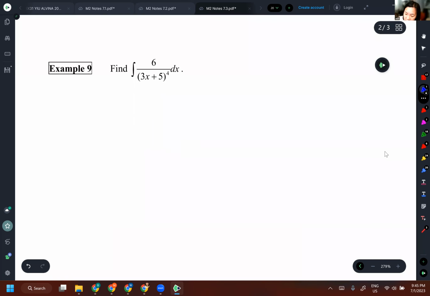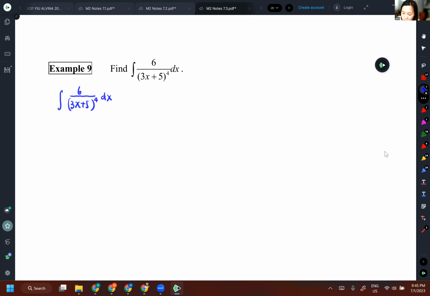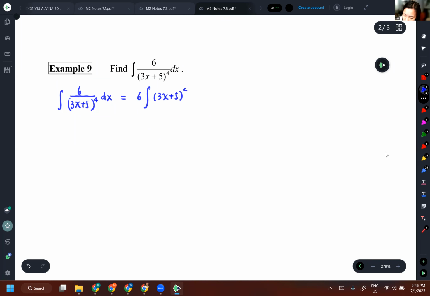With this integration, I'm doing copy 6 over (3x plus 5) to the power 4 dx. So it's equal to 6 times (3x plus 5) to the power negative 4 dx. Okay.